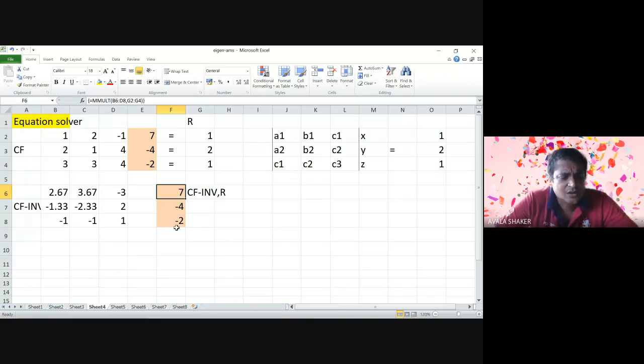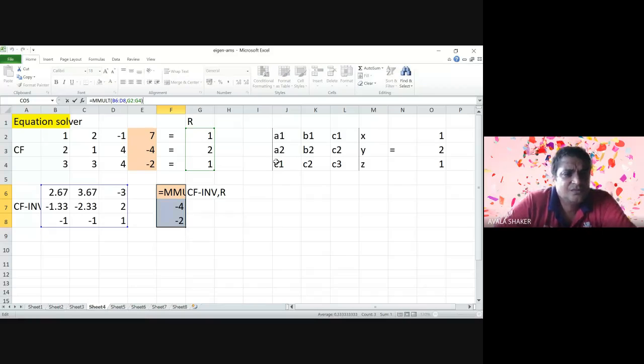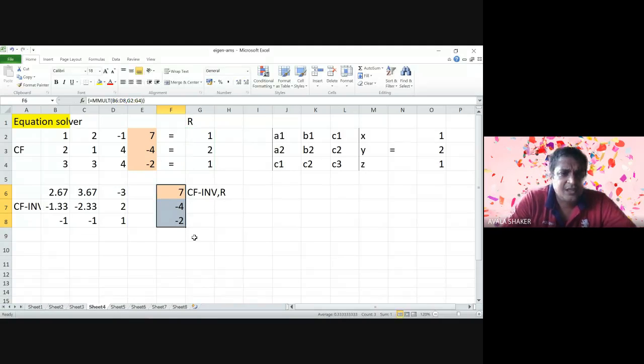Okay, so here what we have done is we have multiplied the matrix. Okay, so that is B6 to D8. So that is this matrix, multiplied with this. So this will give us the values of x, y, and z.